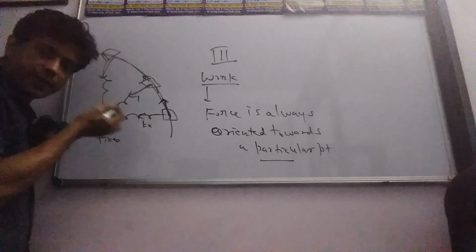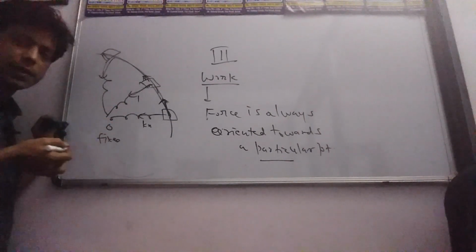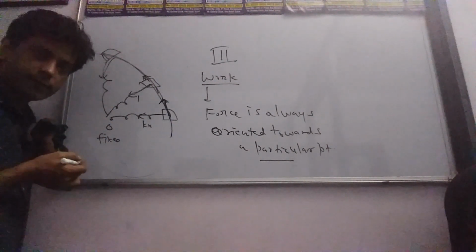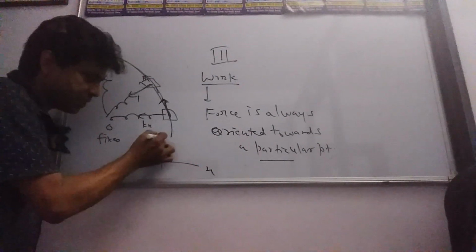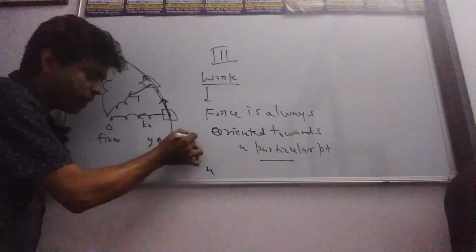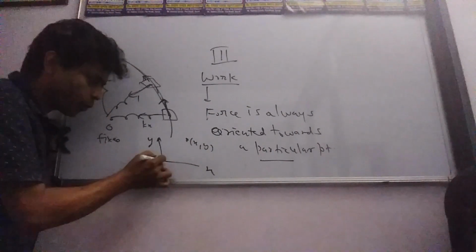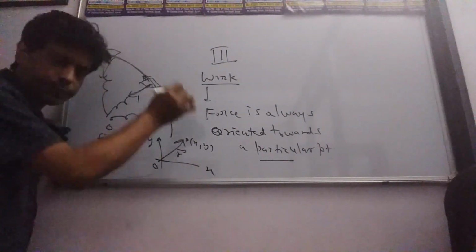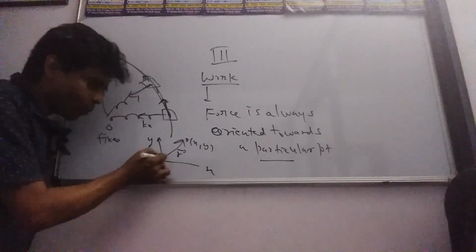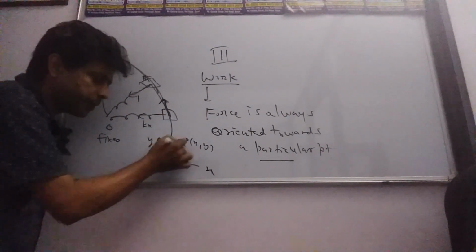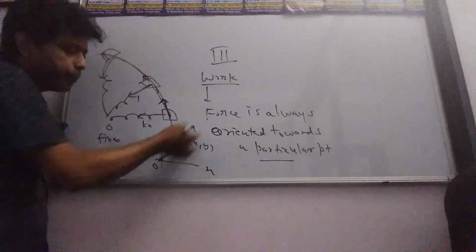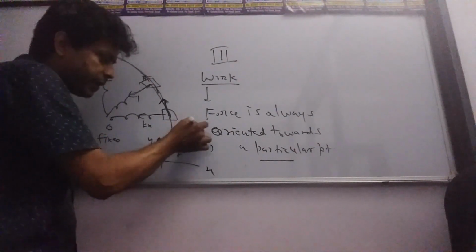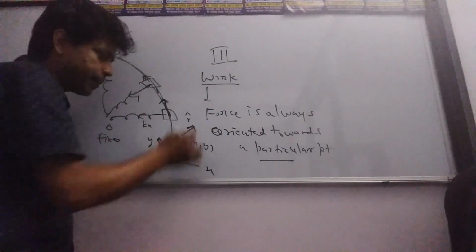So in that case, how can we calculate work done? This is the important thing. If I take the x axis and y axis, and there is a point xy, this is the origin, this is called vector r. You can say if any force is in the outward direction, then it is r cap.